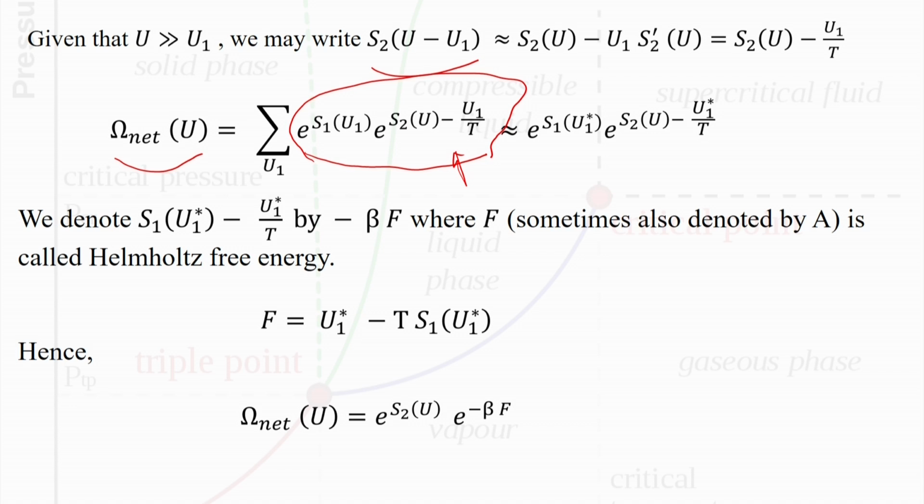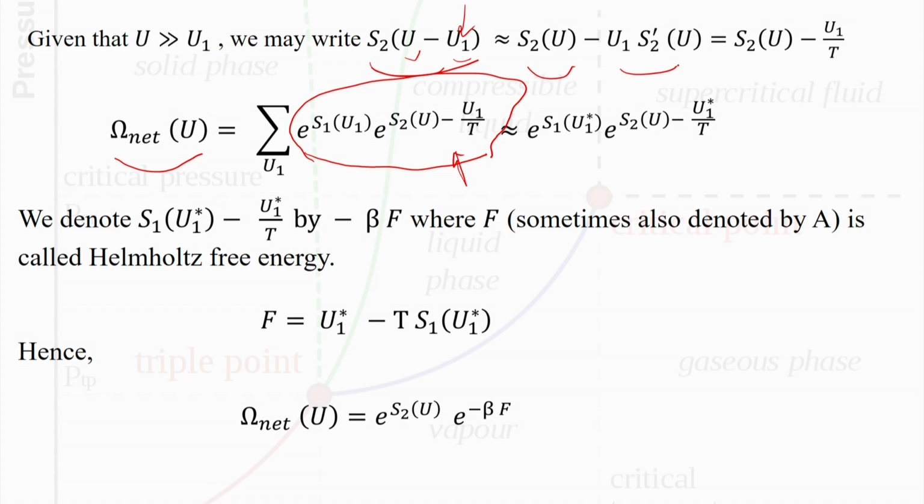So, I am going to ignore those fluctuations and assert that the most probable value for the energy is the only energy that matters, and I am going to simply replace U1 by U1 star. Because U1 is anyway very small compared to the total energy U, I can do a Taylor series of S2 around U1 equal to 0, and then I get this Taylor series.